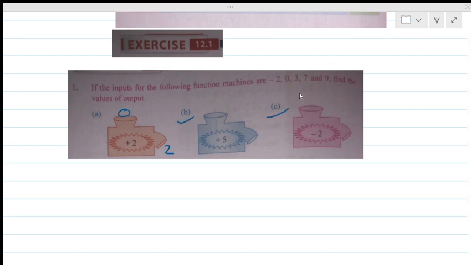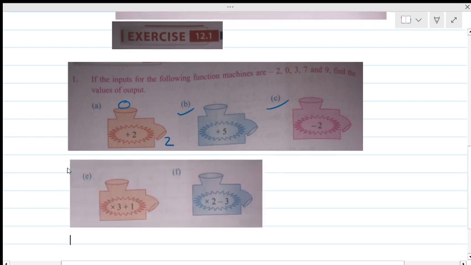Now let's see other values. If we see for E and F, there are two operations. First it will multiply with 3, and then 1 will get added.